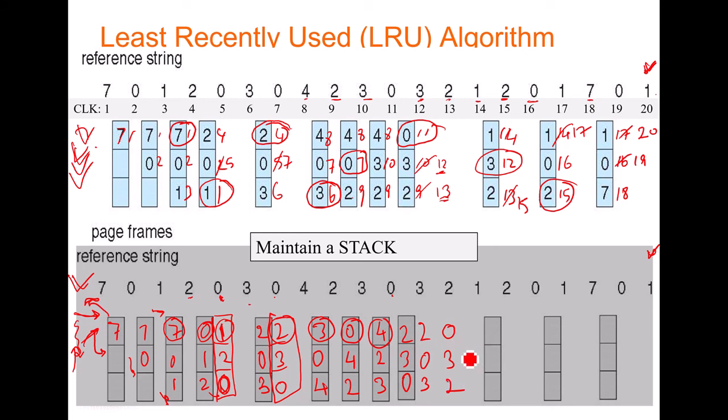Okay, and then when the 1 comes in, now we're going to kick out 0, so that page will be removed. So we will have 3 here, 2 here, and 1 will be here. And as you see, if you look at the one-to-one correspondence, the content of these frames and the content of that stack contain the same page numbers.